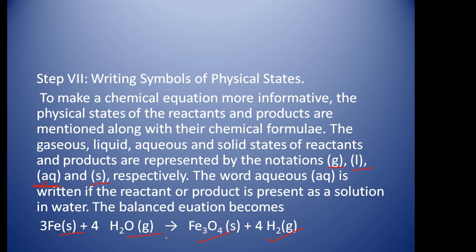Automatically it will be a chain-like system. Whenever you are changing one coefficient, then automatically the other atoms will be changed and gradually you will move on. And finally you check the chemical equation again, whether all the atoms are equal or not in both the reactant and product sides. And the last step is to write the physical states of all the materials, that is all the reactants and products.